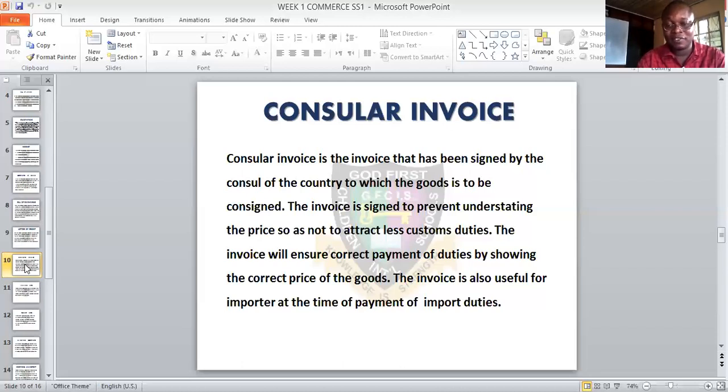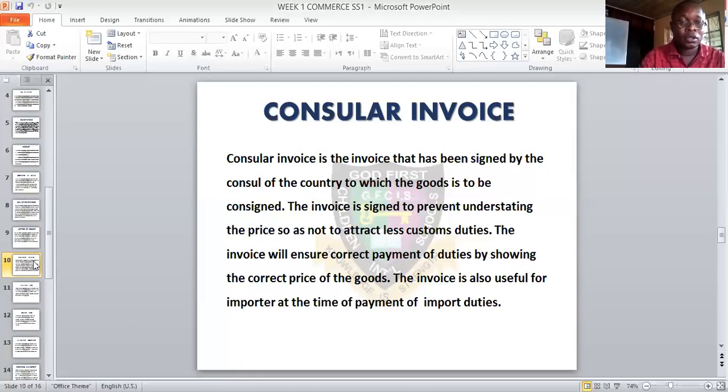The information is very useful for the importer at the time of payment of the import duty. So the importer makes use of this consular invoice, which is very important to them when they are making payment of import duties.